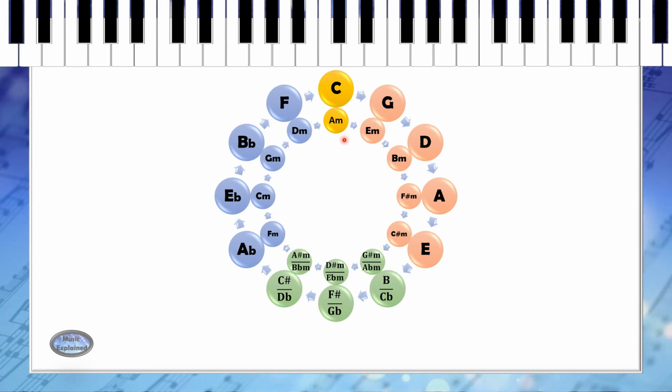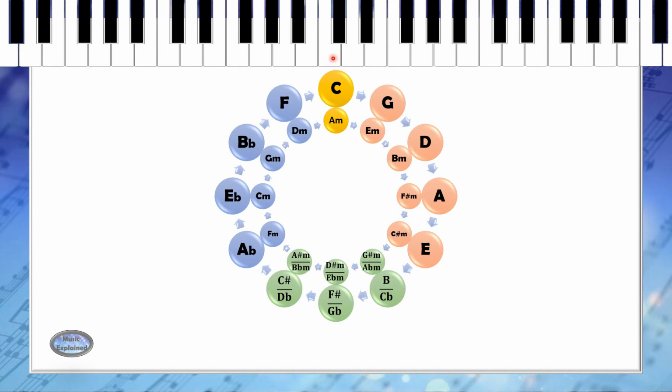Otherwise, if you want to calculate the relative minor scale, let's find out A minor. There is C. We count a minor sixth up, or we go a minor third down to find the relative minor scale.